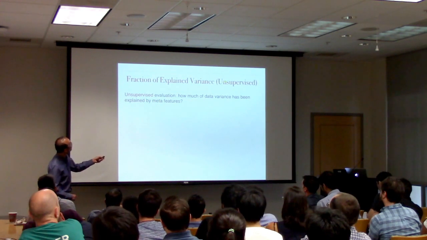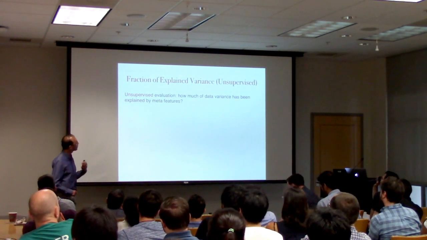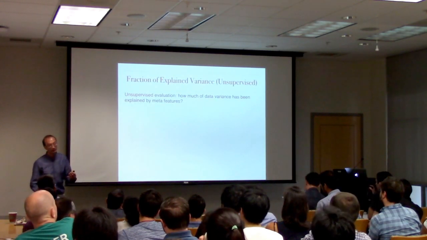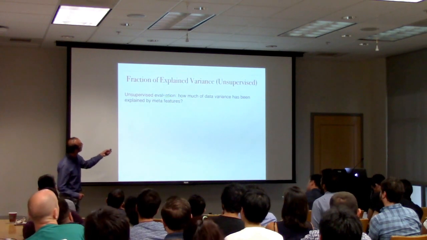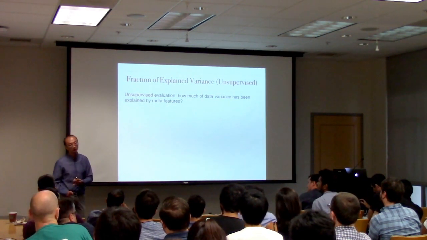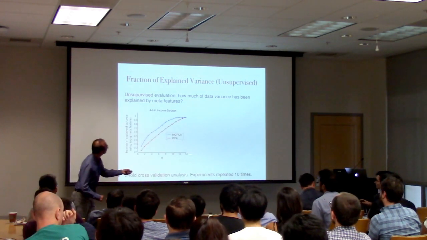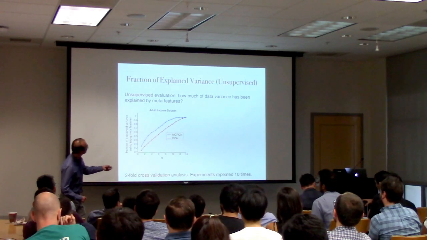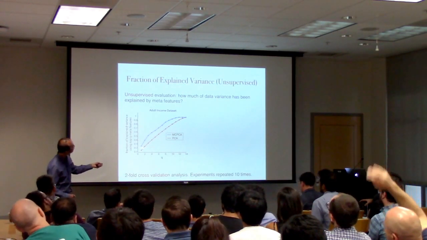Unsupervised means I look at the data, and I compare MCPCA with other nonlinear dimension reduction methods, and I evaluate that by looking at how much of the data variance has been explained by the projected variables. Okay? So this is a function of Q. And this is for one particular data set.